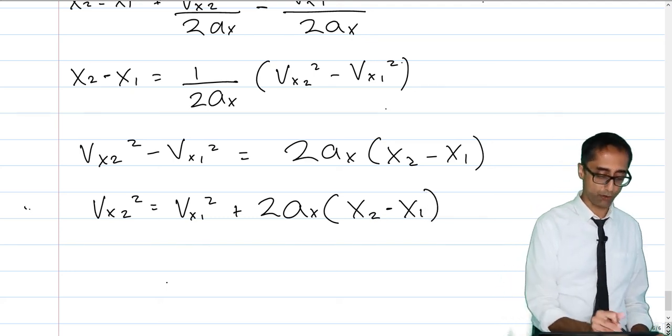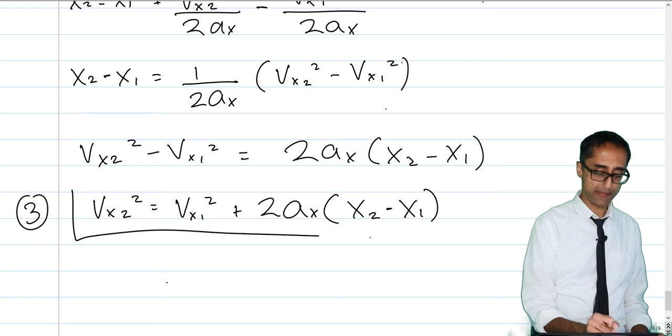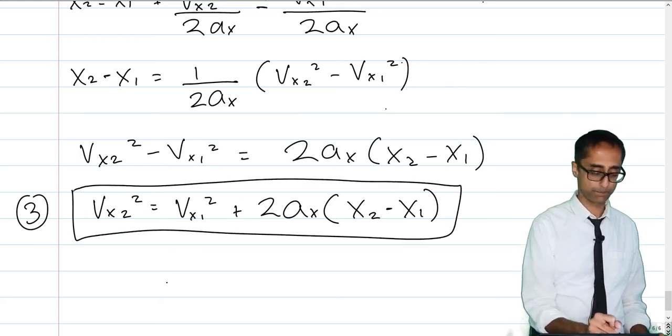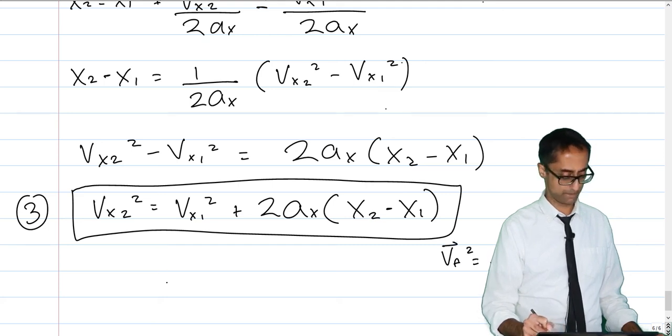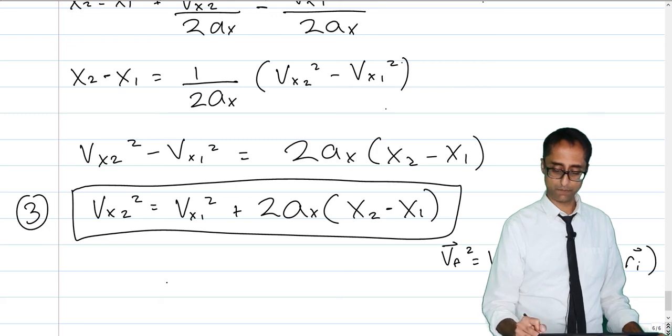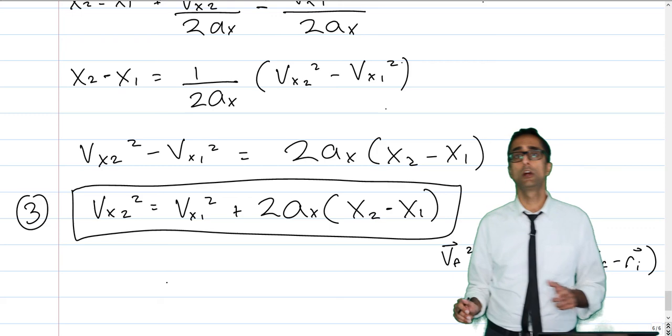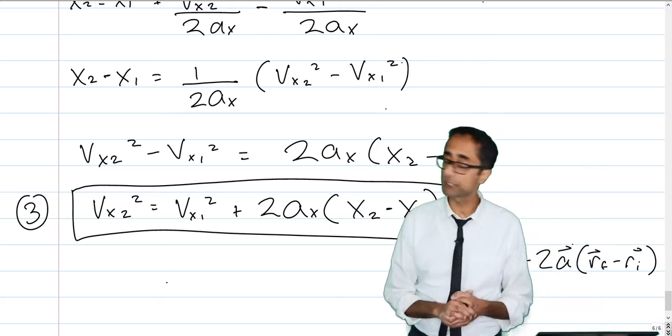And that gives us our third kinematic equation. And so we can rewrite that if we wish in its vector form. Like so. We'll find that useful in the future, but for now, we'll stick with the x direction.